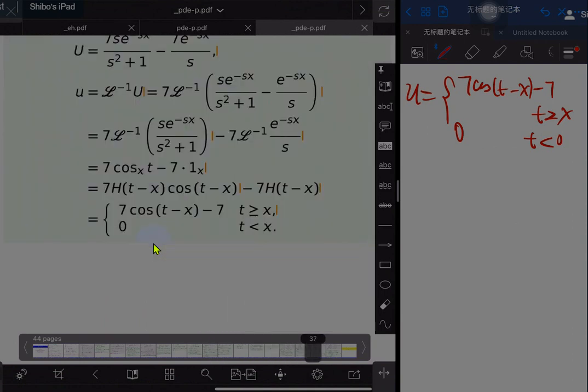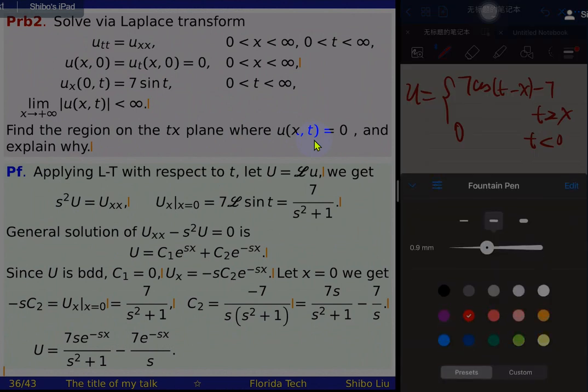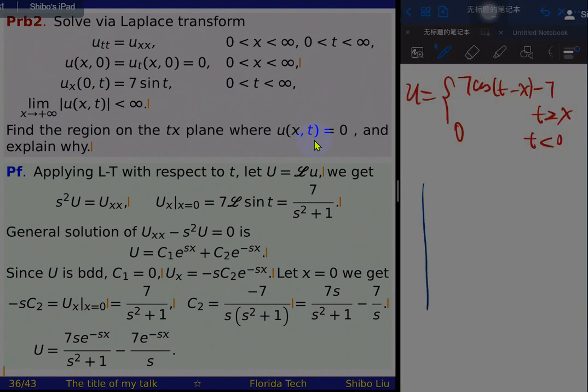Our problem is here. We are required to find the region on the tx plane where u is 0. To do this, we first establish the coordinate system.